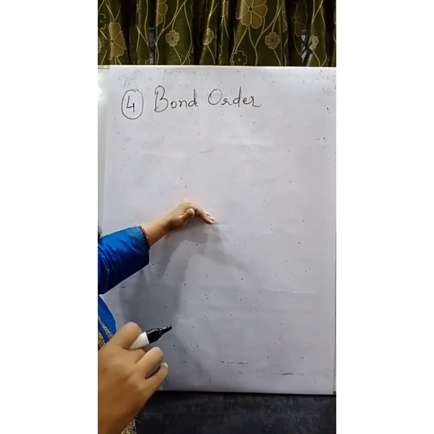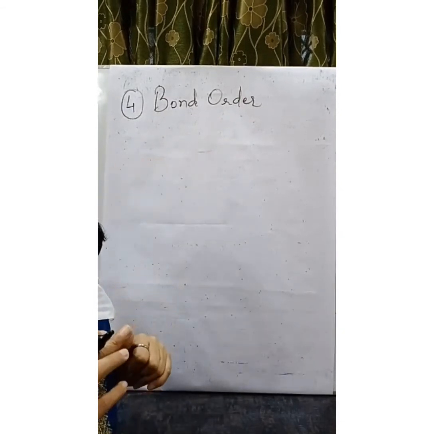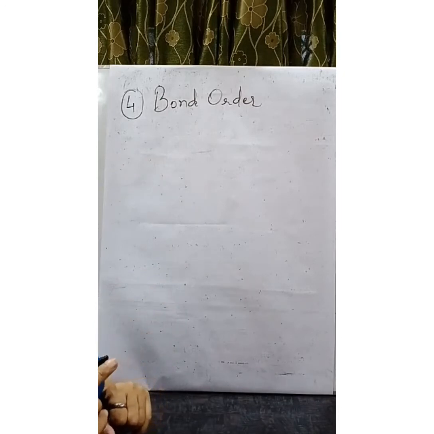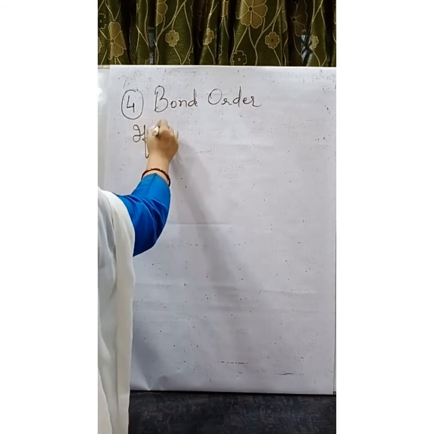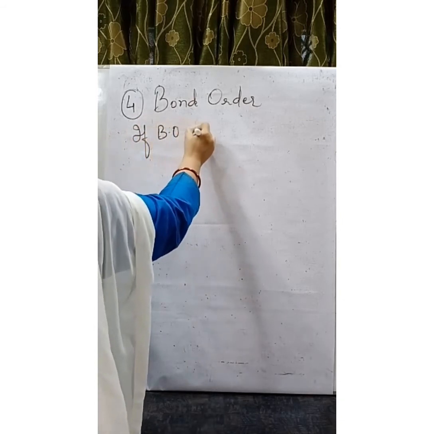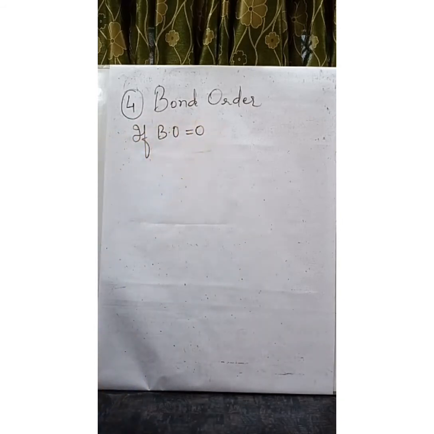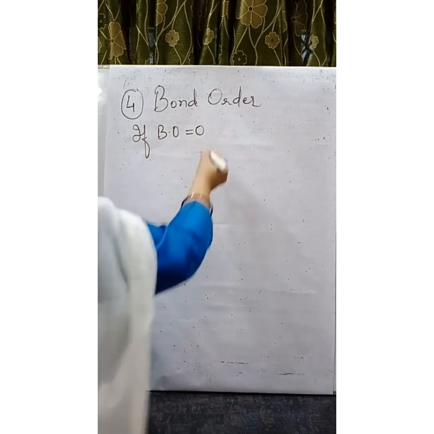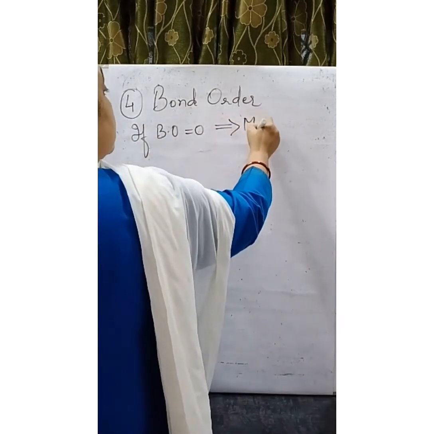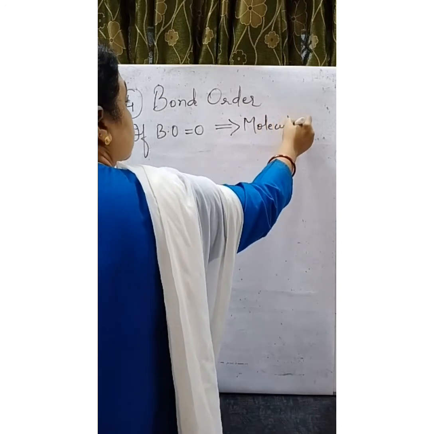In some cases, it also indicates the number of covalent bonds present between the atoms. If bond order is equal to 0, we can say molecule does not exist.